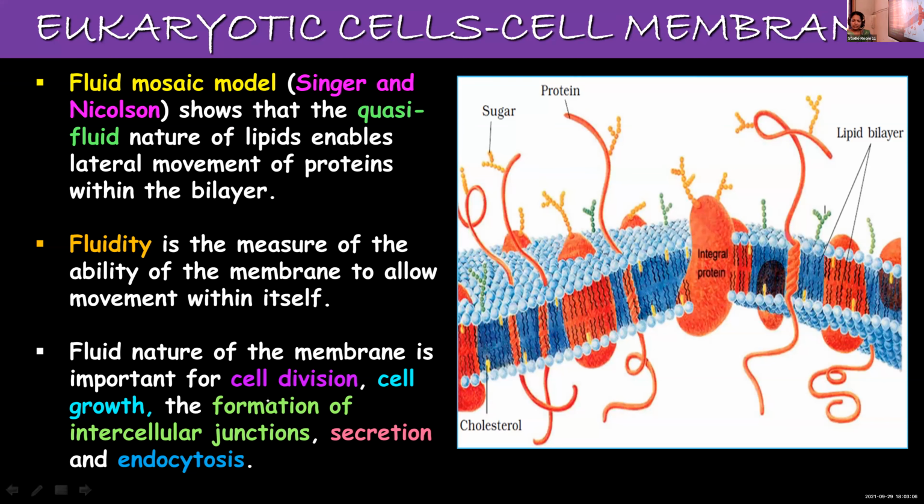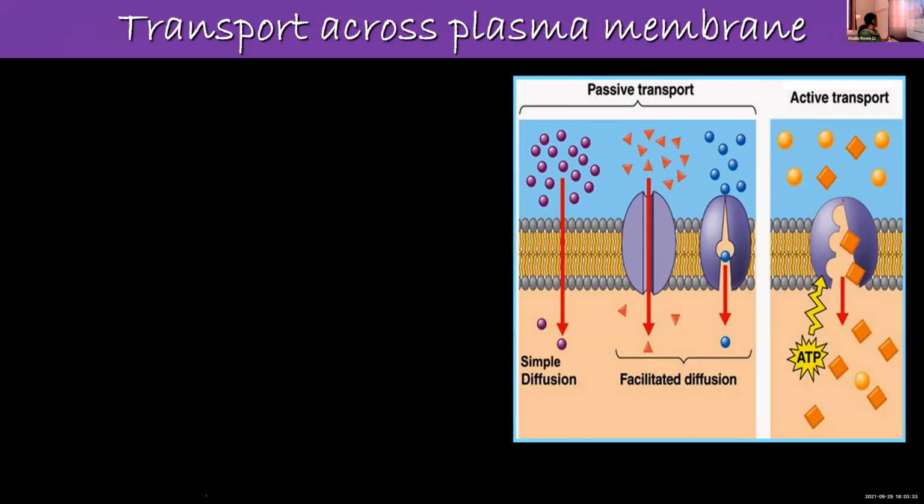Fluidity is a measure of the membrane's ability to promote movement within itself, and it has several functions. It facilitates the cell to divide and grow, promotes the formation of intercellular junctions, and helps in secretion and also in endocytosis. An organism which carries out endocytosis, for example, is amoeba.